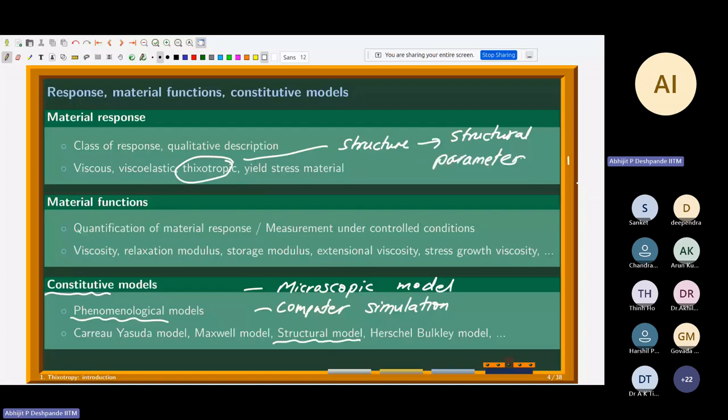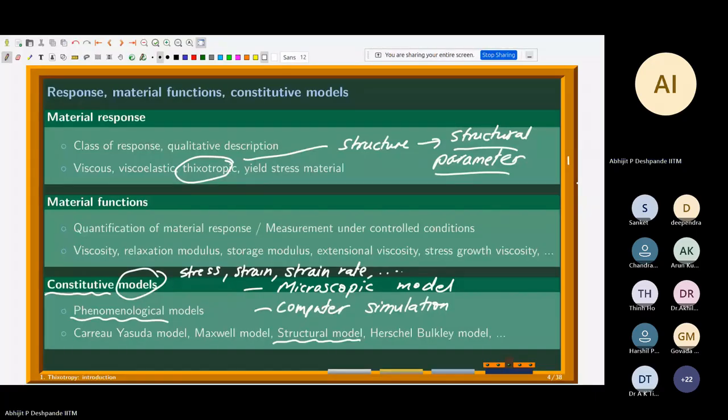And so modeling will involve a hypothesis of the structural parameter and how it changes with time. Otherwise, generally, these models are basically relations between stress, strain, and strain rate, and maybe other quantities which are related to stress and strain rates.